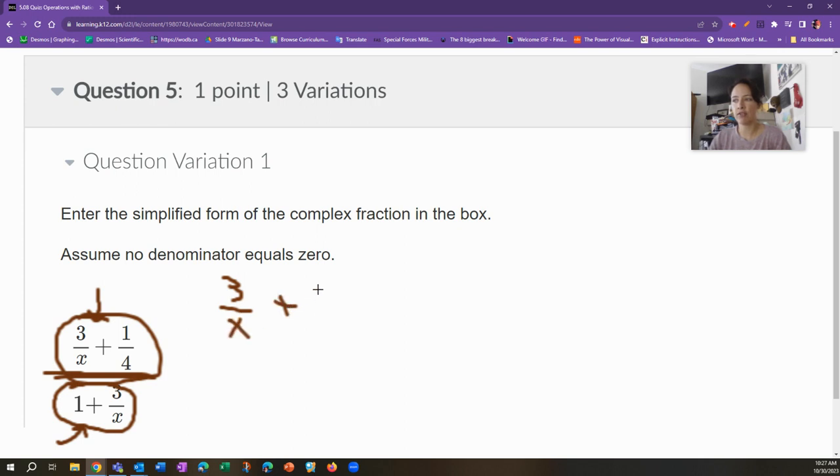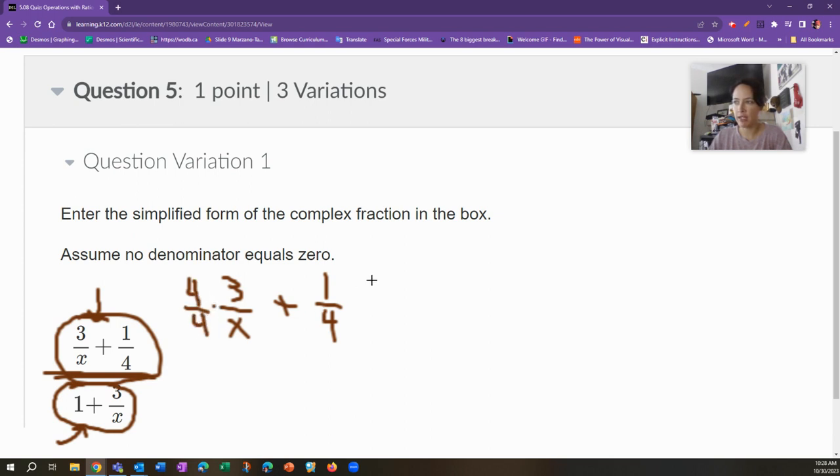So right here we have 3 over x plus 1/4. Well, we need the denominators to be the same, but we don't know what x is. If we knew what x was, we would just multiply by that number, the 1/4, and we'd multiply that other number by 4 over 4. That's exactly what we're going to do. So multiply this by 4 over 4, because that's a clever name for 1.